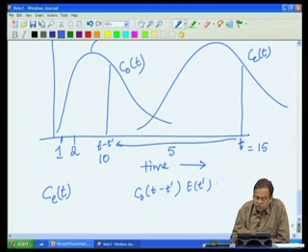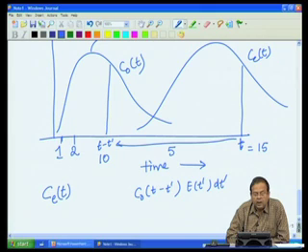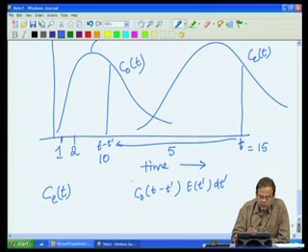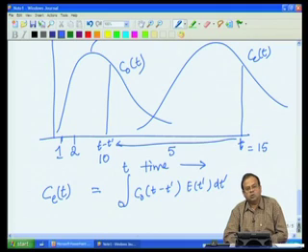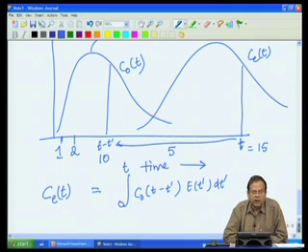That fraction is E of t prime dt prime, and if I add up all these fractions from 0 to t, this is what I will see comes out of my reactor at any given time.